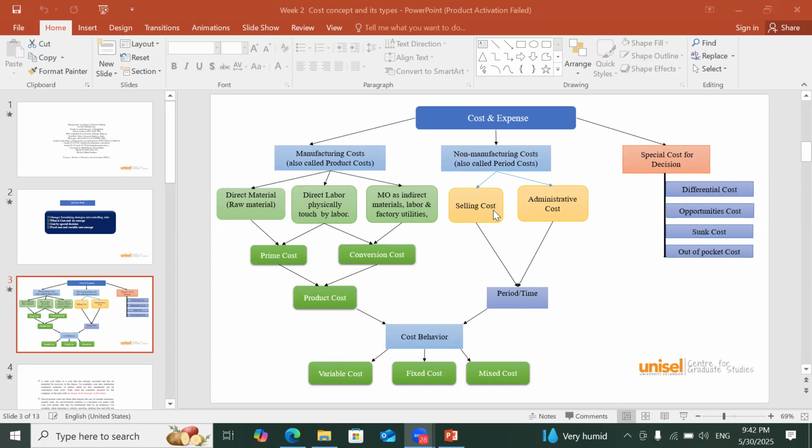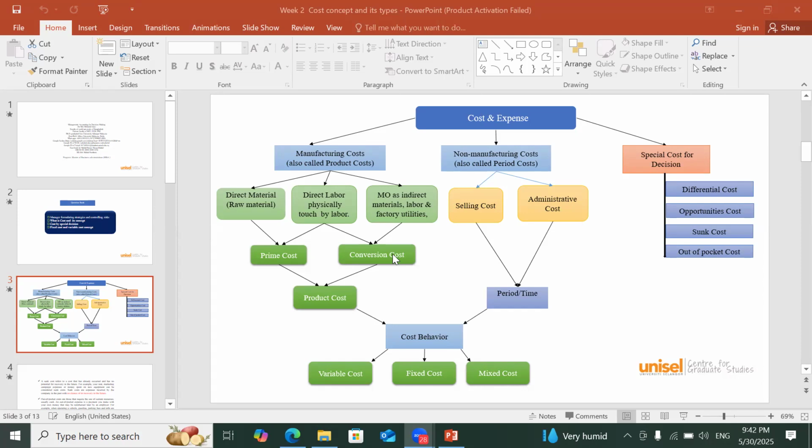Admin cost is the official cost to maintain or control the production. The admin is needed, so all costs for admin purposes are called administrative cost: salary, room rent, tax, stationery, supplies. Okay, this is the admin cost example.